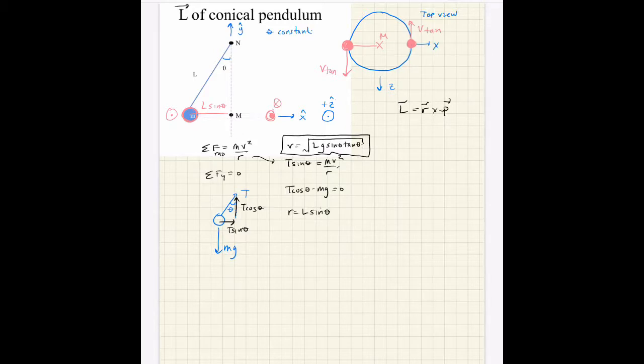And we're actually going to be finding the angular momentum with respect to two different points, M and N. And that's why those are marked here. I'm going to find the angular momentum with my origin at point M and the angular momentum with my origin at point N. Now, you'll notice that both of those points are along the axis of rotation.